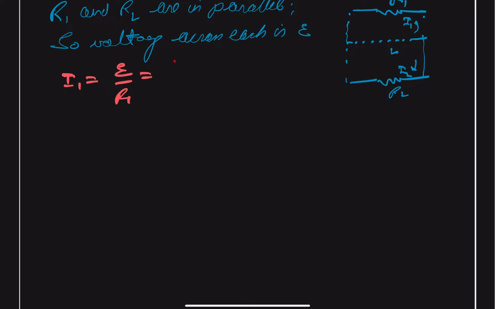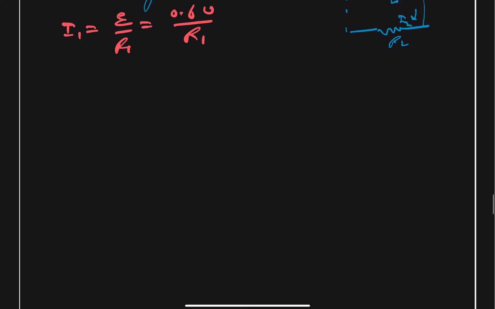Induced EMF we already know is 0.6 times V, divided by R1, and I2 is equal to induced EMF divided by R2, which comes as 0.6 times V divided by R2.